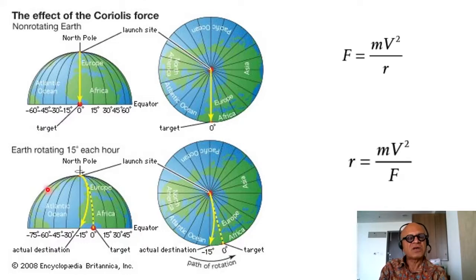So if you are moving west to east, you are moving faster than the Earth, so v is increasing, which means r has to decrease, so you will be deflected towards the south again. And similarly, if you are moving from east to west, then v is decreasing, so r has to decrease, so you will go towards the north, so you will be deflected to the right again.